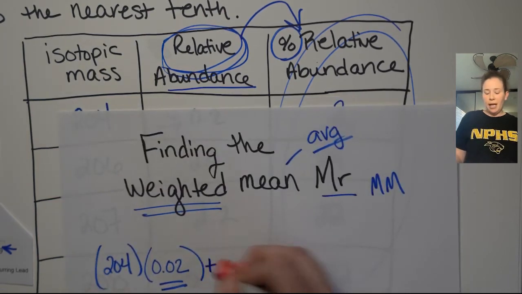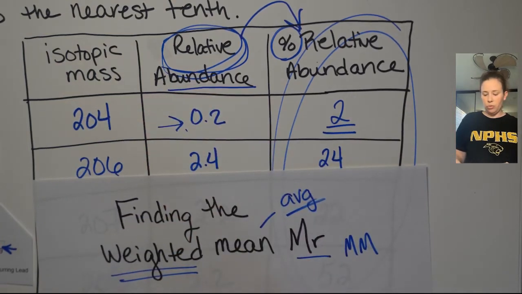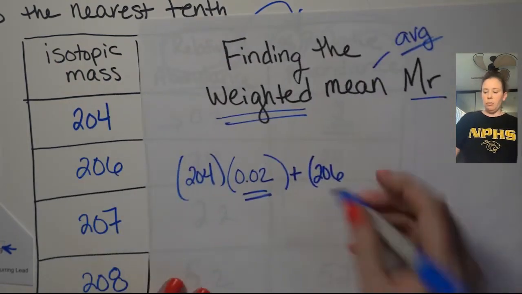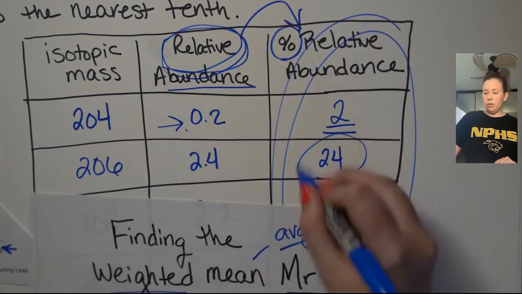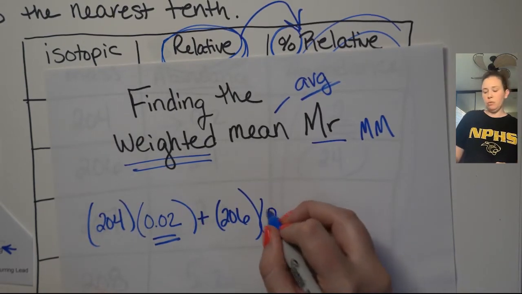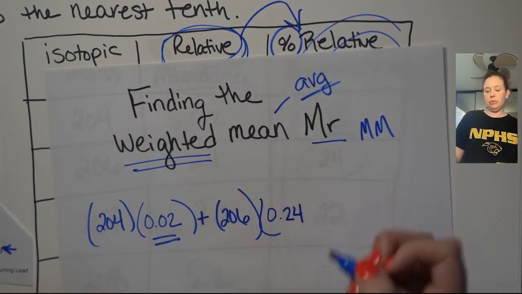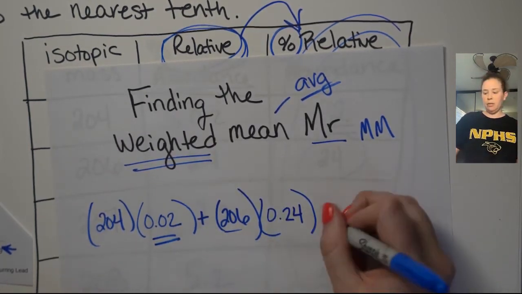And we're going to add our next mass, which will be the 206. How much does the 206 affect the total? 24% of it. So we're going to use the decimal version of 24, which is 0.24. That'll be how much my 206 isotope affects the total mass.